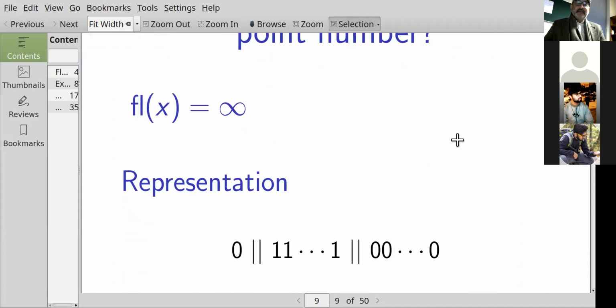And the representation is 0 for the sign bit, all 1s for the exponent bits, and all 0s for the mantissa. But what will be displayed on the screen might be something, depending on the language, like INF or something like that.